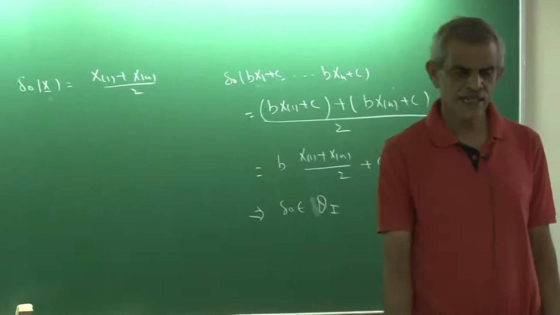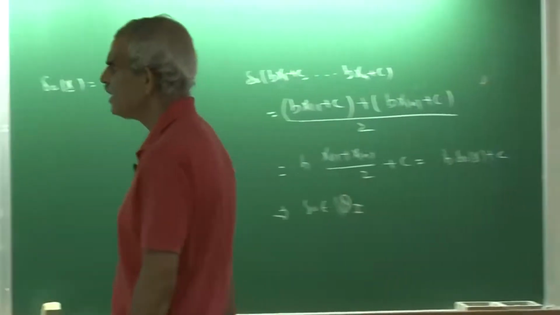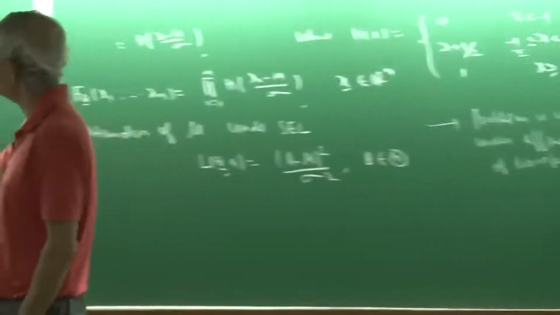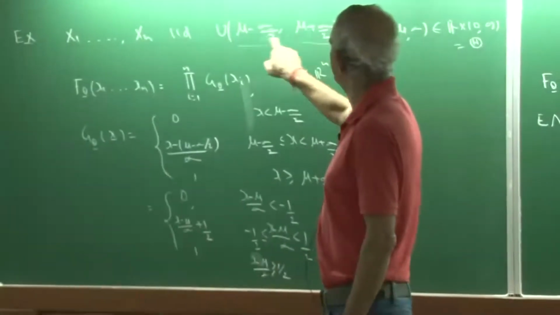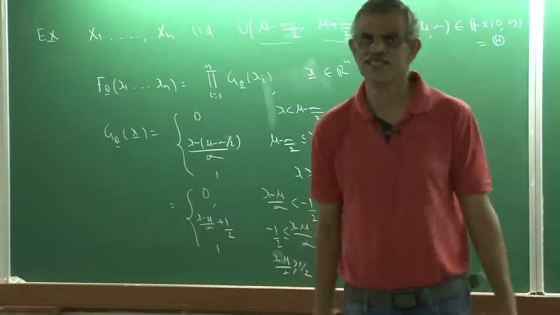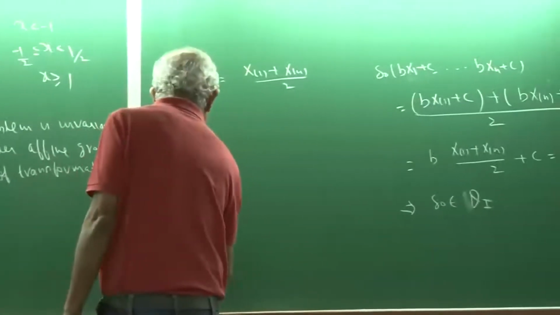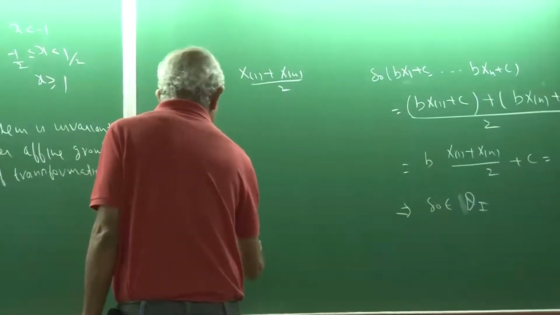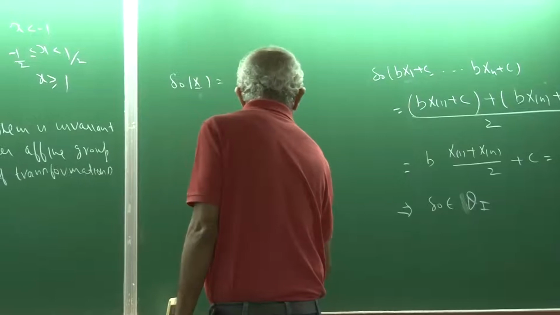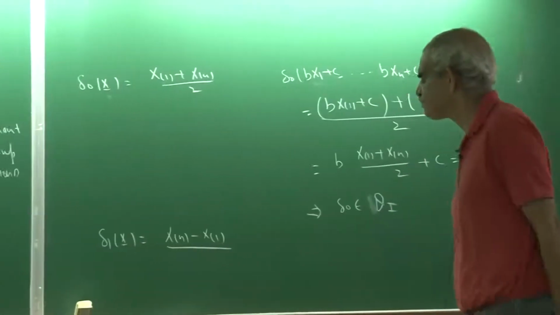Now I try to look at what is the estimate of sigma. Intuitively, if you look over here, sigma is nothing but a range, the population range. So it looks like I should consider the sample range as an estimator of sigma. So I consider delta 1 x as xn minus x1, just this much.